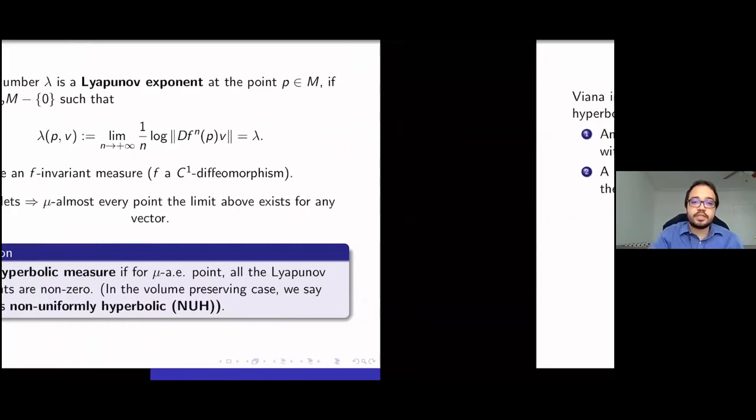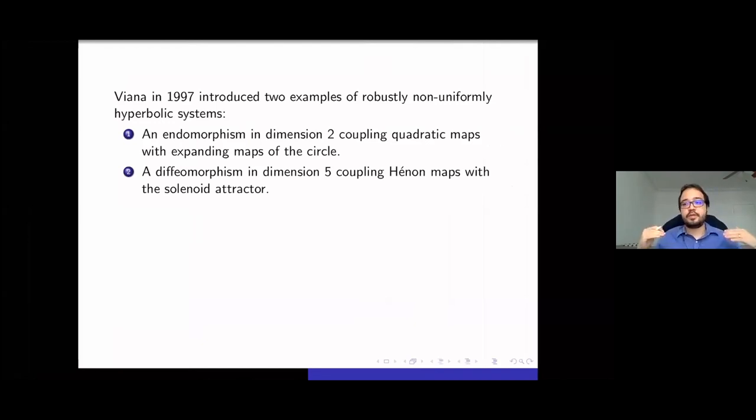I want to introduce this Bonatti-Viana example, but before, let me say a couple of things about these Viana examples. If you were here for Stefano's talk, he explained this really good philosophy: you have a system and you try to understand its Lyapunov exponents, which usually is a hard problem. Something you can do to make your analysis simpler is to add some random noise.